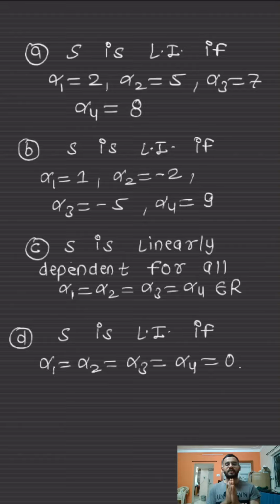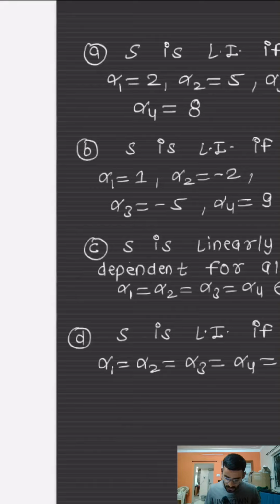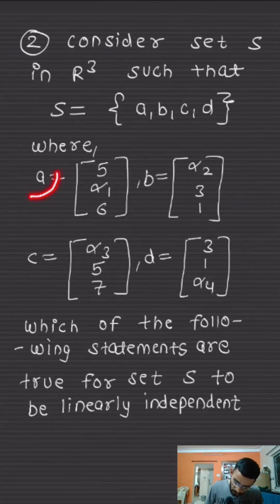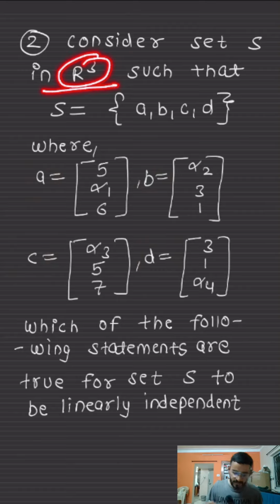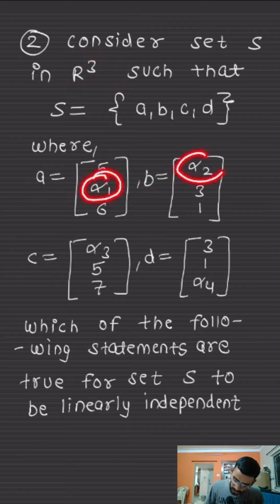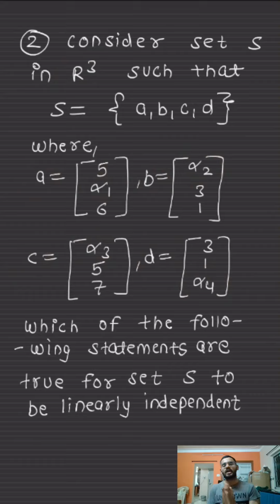You need to be a little cautious in these types of questions, because if you take the linear combination of A, B, C and D, you will get 3 equations because the dimension of this space is R3. But here we have alpha 1, alpha 2, alpha 3 and alpha 4, 4 variables. Hence 3 equations and 4 variables, which is not generally solvable.